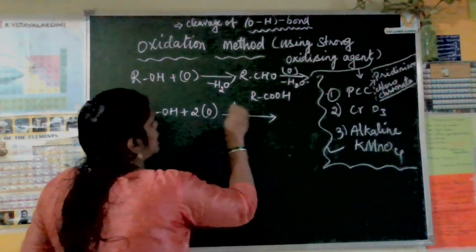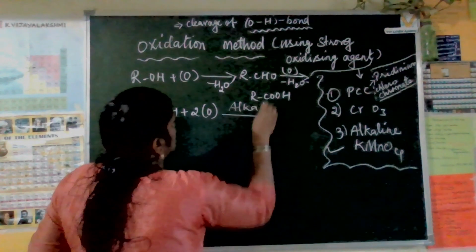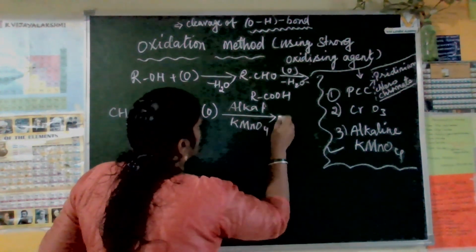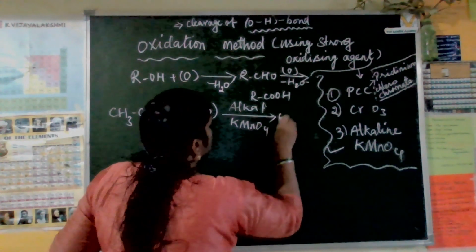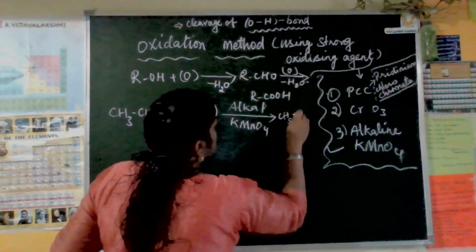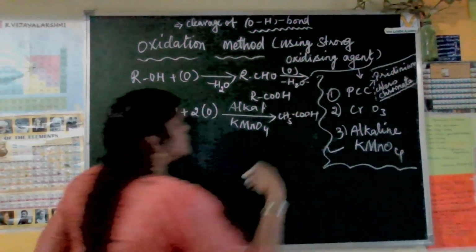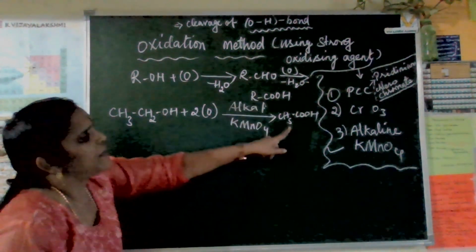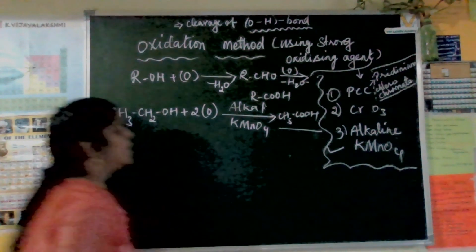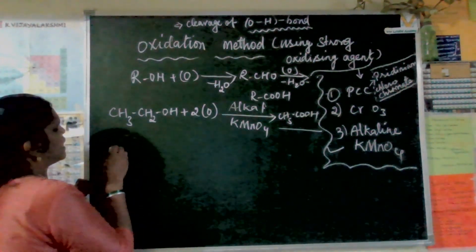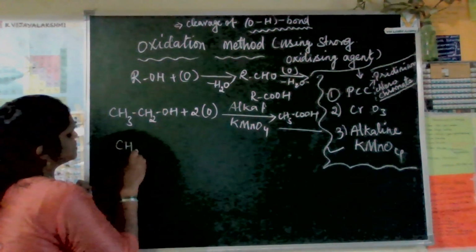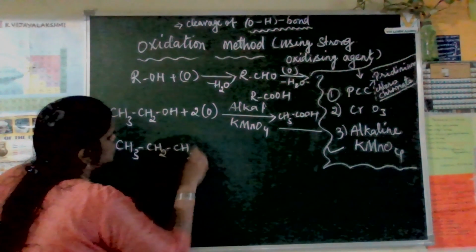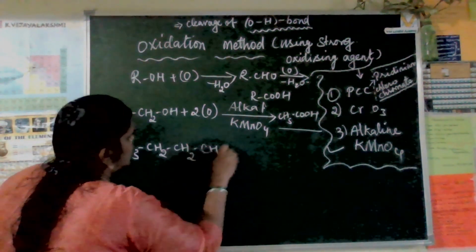So with alkaline KMnO4, what you get directly is CH3COOH, acetic acid only, directly, instead of stopping at the aldehyde. Okay, now butyl alcohol, let me take butyl alcohol, CH3CH2CH2CH2OH.